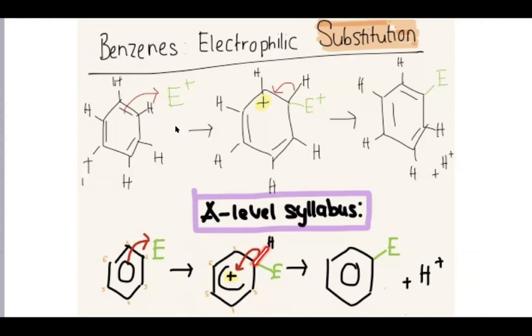The electrons from the carbon-hydrogen bond are donated into the temporarily broken delocalized system. And then you see in the product, the hydrogen leaves as H+, and the delocalization is restored back to normal.